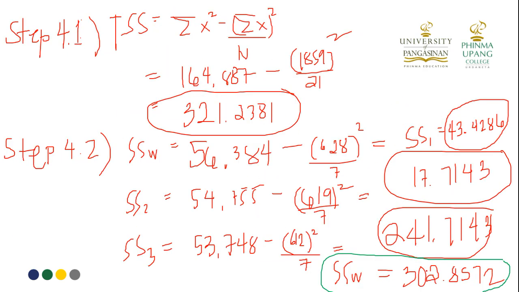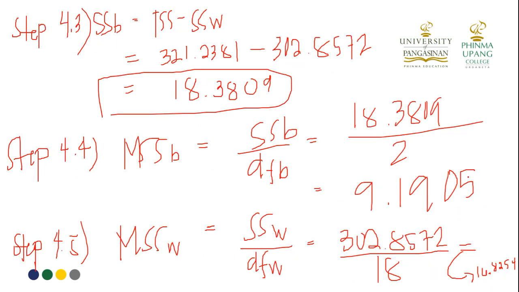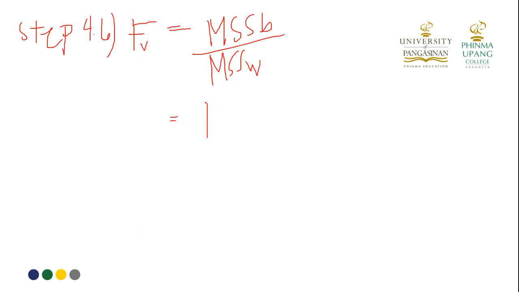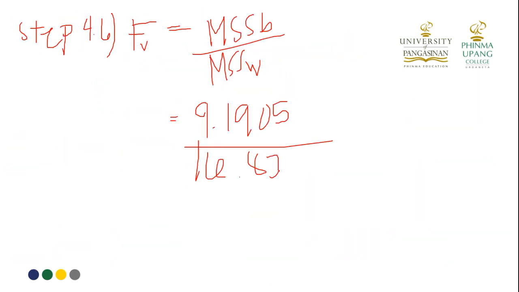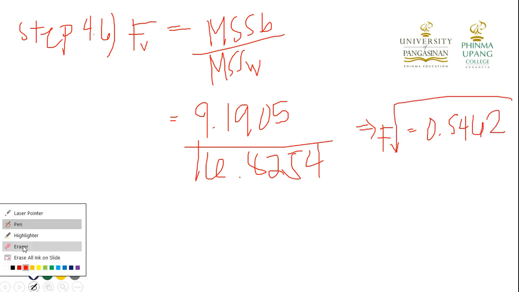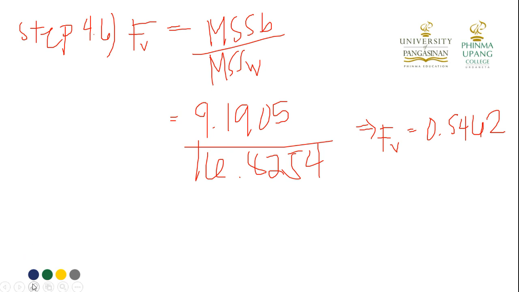Yung SSB natin, so ilan na yun? 9.1905 divide sa 16.8254. Kunin nyo na yung sagot. Ilan yung F value natin? 0.5462. Yes, sir. Oh, yun. Nakuha na natin yung F value niya.